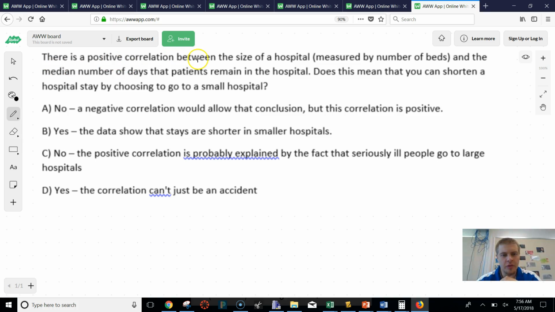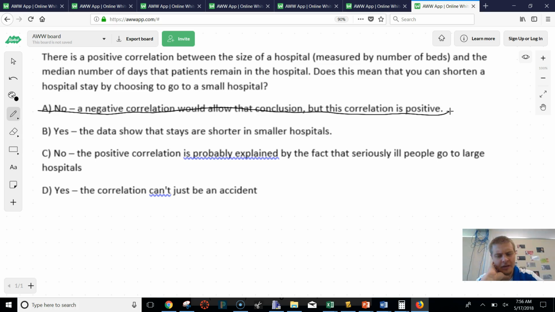Okay, there's a positive correlation between the size of a hospital and the median number of days the patient remains. Does this mean that you can shorten a hospital stay by choosing a smaller hospital? Well, just because data shows that it's shorter doesn't mean that it's the reason, right?